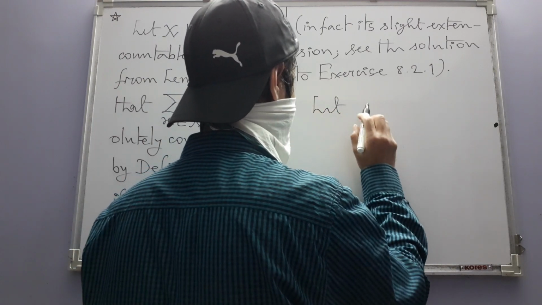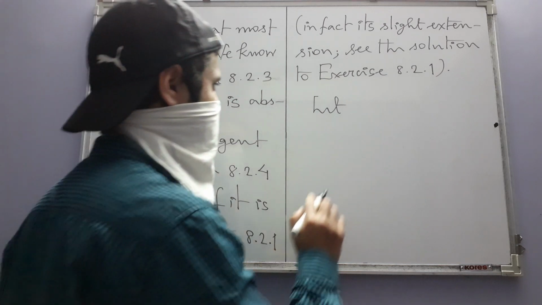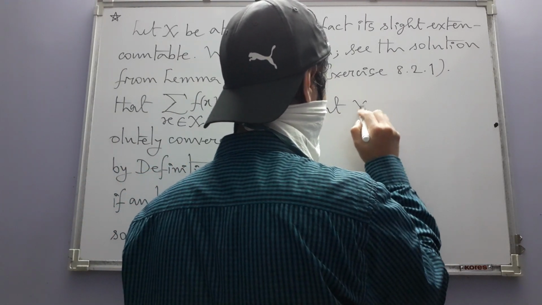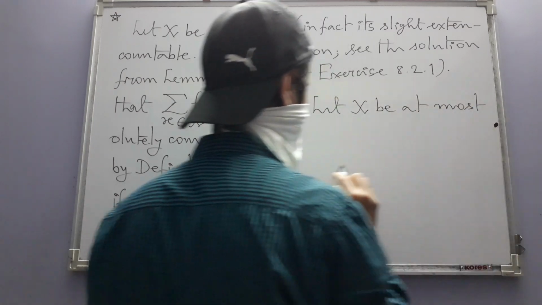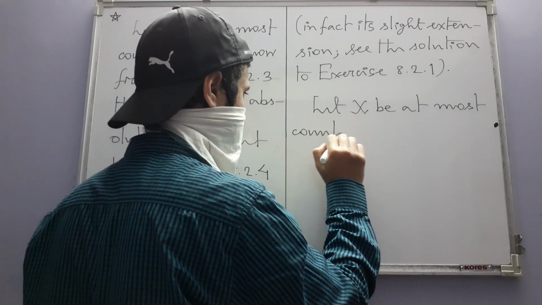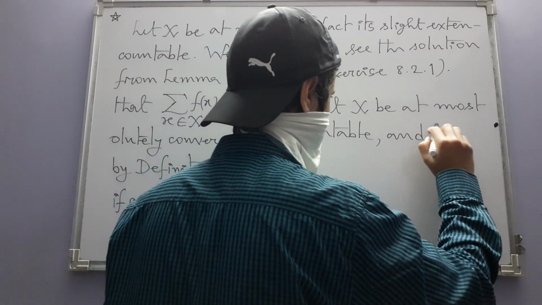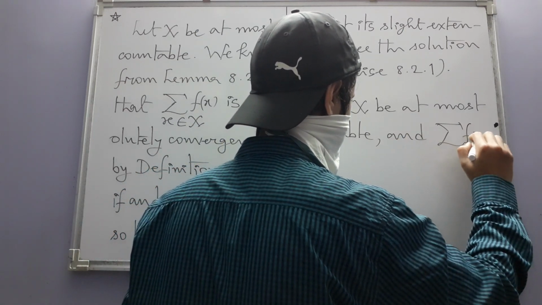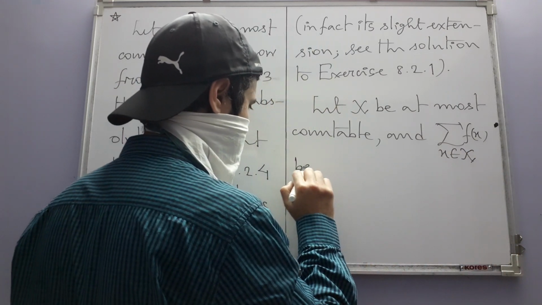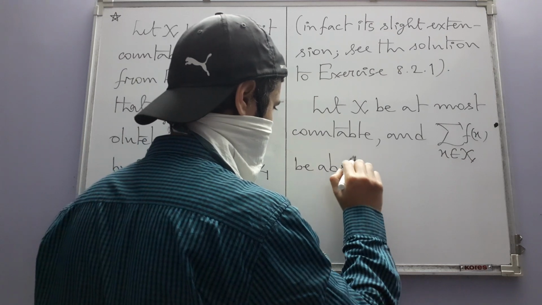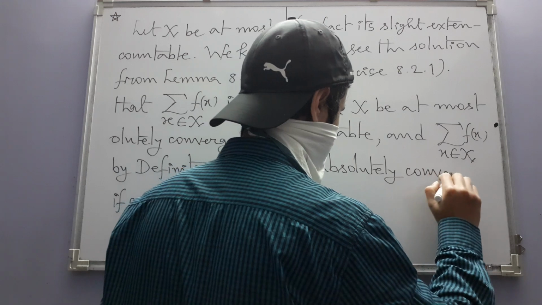So again, just to emphasize what we are doing and what our hypotheses are. Again we write: let X be at most countable and the sum be absolutely convergent.